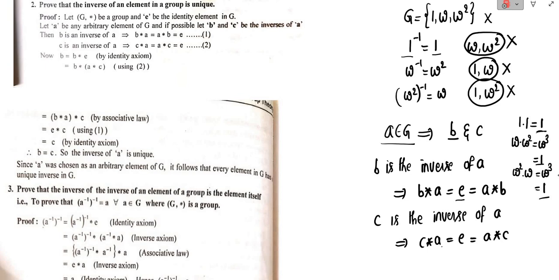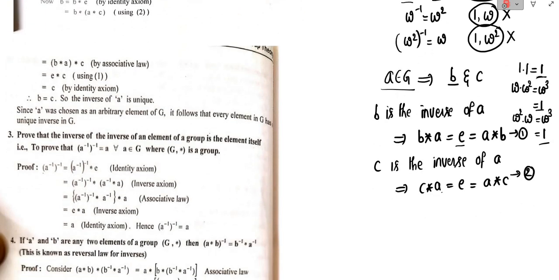Take this as equation 1, and this as equation 2. Now our aim is to show that b = c. That means there are no two inverses for a single element; there exists only one inverse for any element.